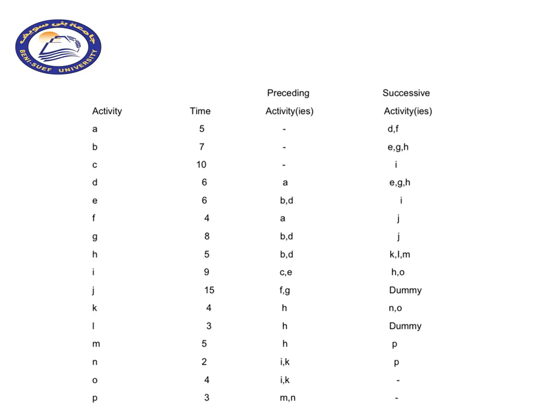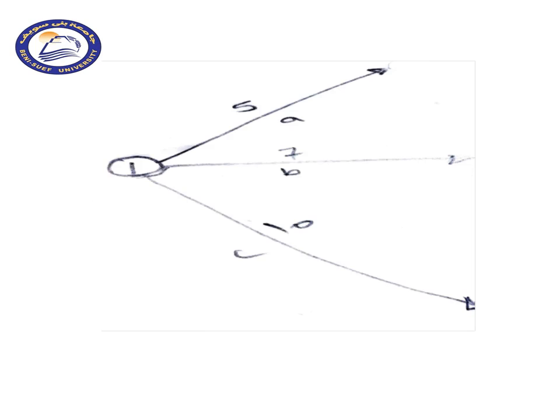So let's start figuring out what to do with our network. Here we can see that activities A, B, and C do not have any preceding activity, so they all must start from the same node that represents the first level of activities in the PERT network.